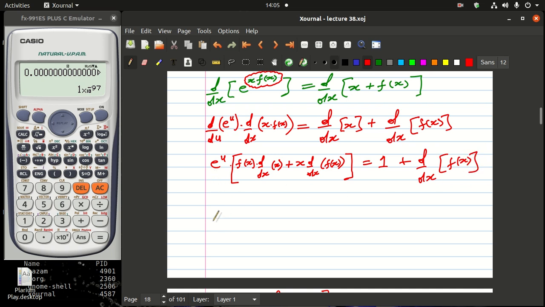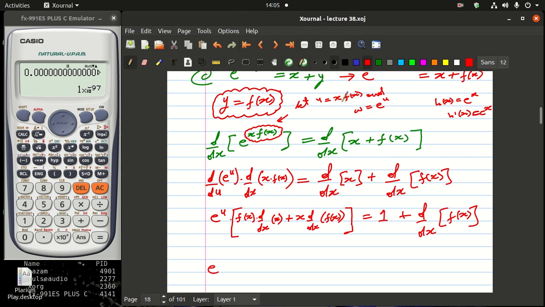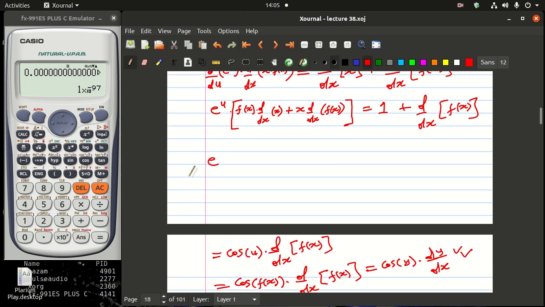And then here I still have e to the u. What is my u? My u here, I said my u is x times f of x, so my u is going to be x times f of x. And then inside here I still have f of x times the derivative with respect to x of x, which is still 1, I know that.